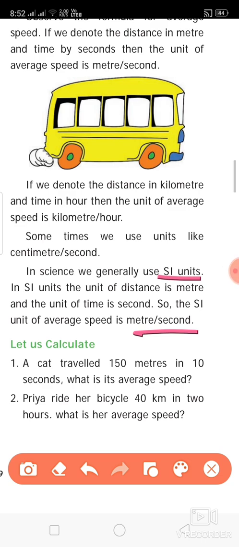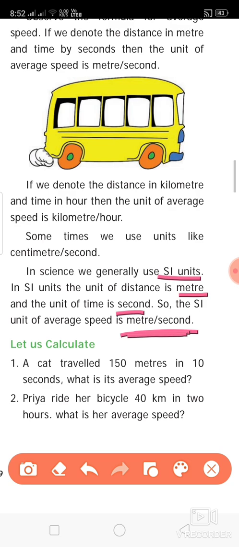The SI unit for distance is meter. The SI unit for time is second. So the SI unit for average speed is meter per second. In practical life, we may follow kilometer per hour, kmph. Kilometer per hour can be used practically, but for doing any problem we should follow the SI unit only. Let us calculate two problems now.